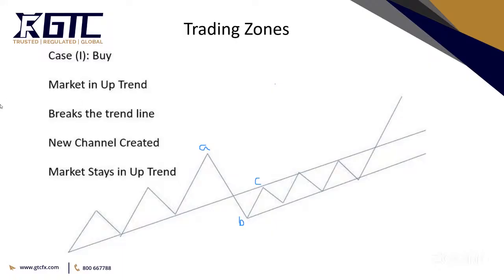But instead of going and printing a new low, if the market stops in between and prints a new high above the C, at this point we have to clearly understand that this market is not in a mood to drop.